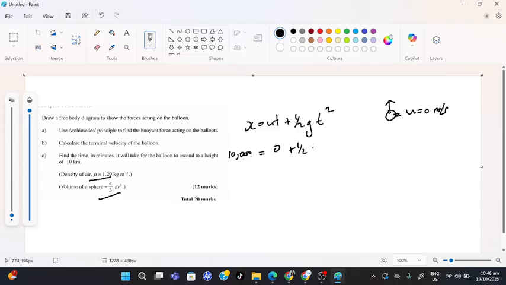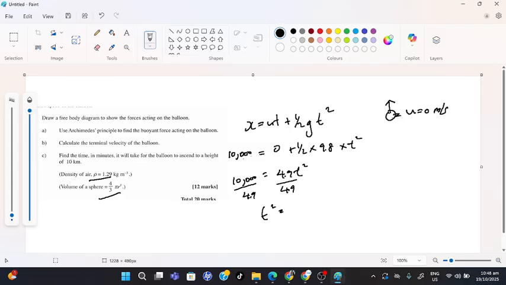I don't know the time. I know gravity is 9.8, should be negative, and I'm going to find time. So it's going to be half of this, half of 9.8, it's 4.9. Divide both sides by 4.9.